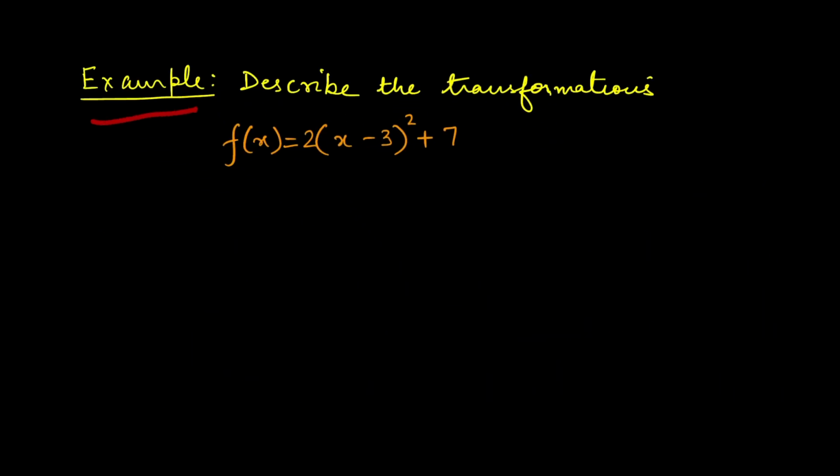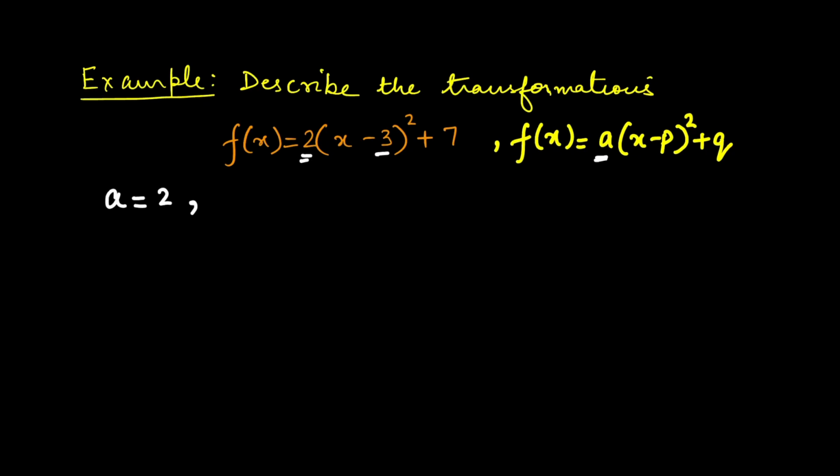Now we take the first example in which it's given, describe the transformations for this function. So this function is given, so we always compare it with the function which is the standard form, f(x) is equal to a times (x minus p) squared plus q. So always we compare it with this, and then if you see a value is 2, so we write a is 2.